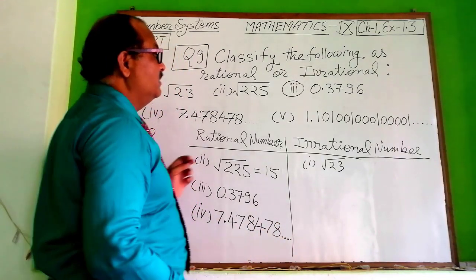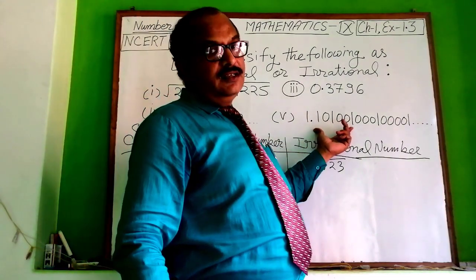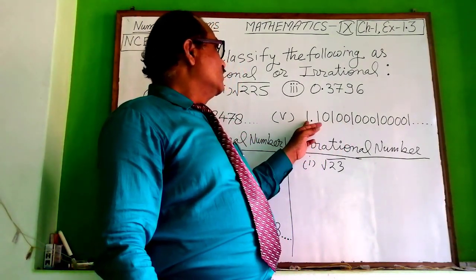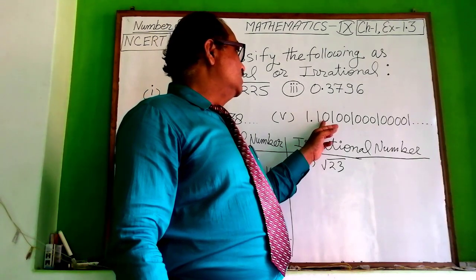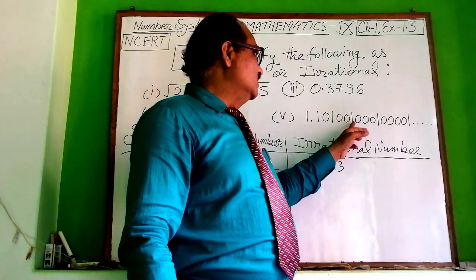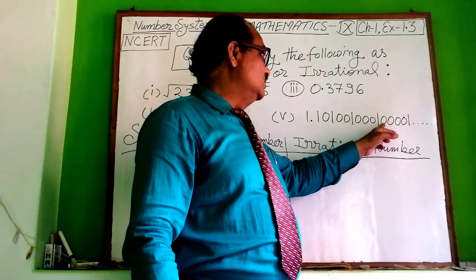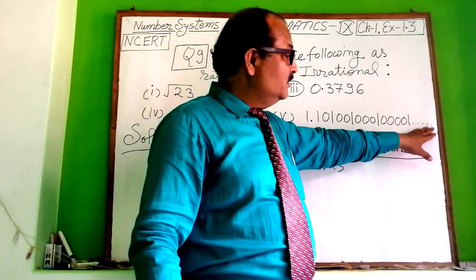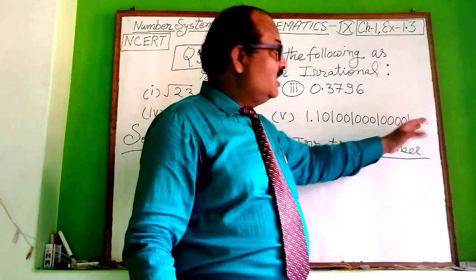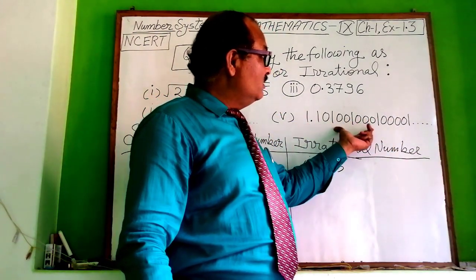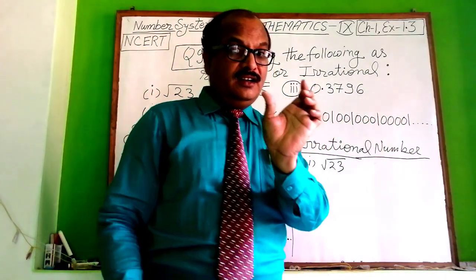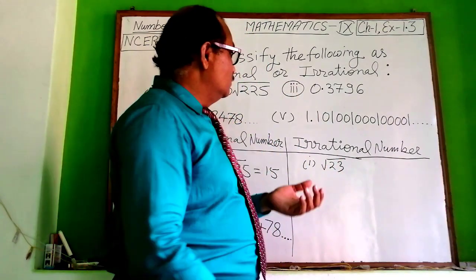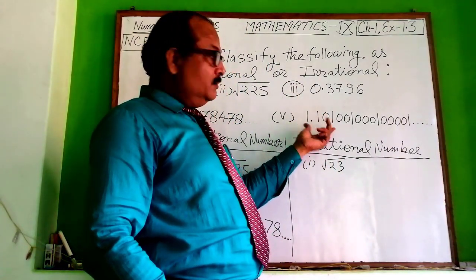Now one number is left, the last one. You can see 1.101001000100001 and so on. The dots mean it is non-terminating, and it is also non-repeating; no set of digits is repeating. So in which category will this number come?